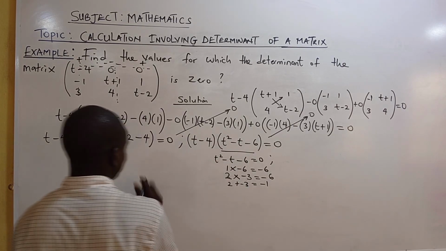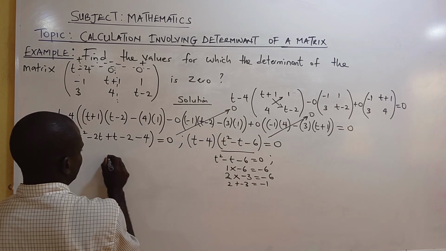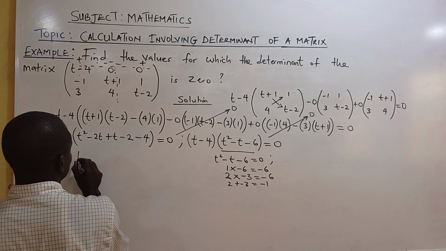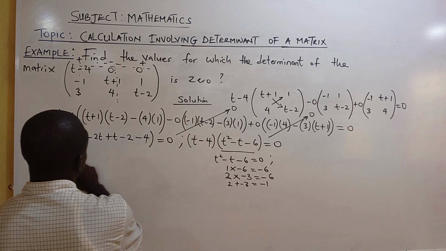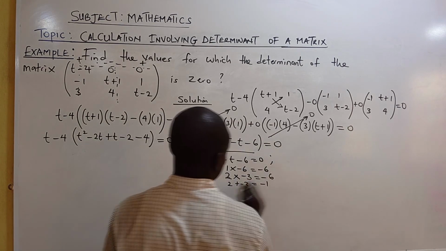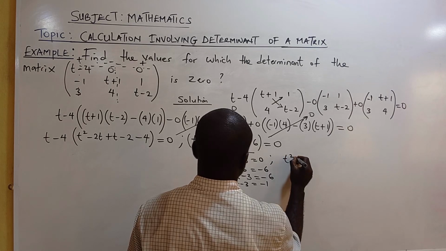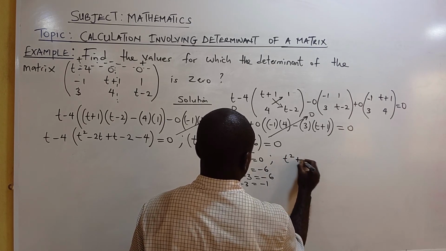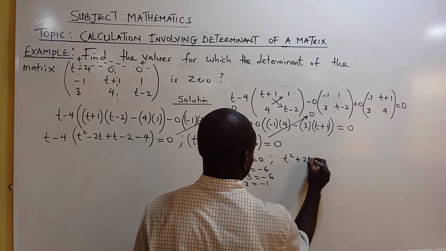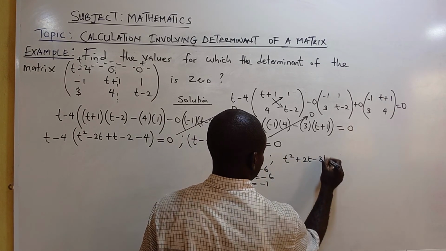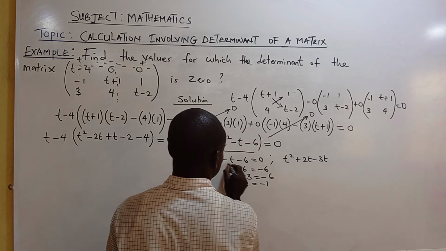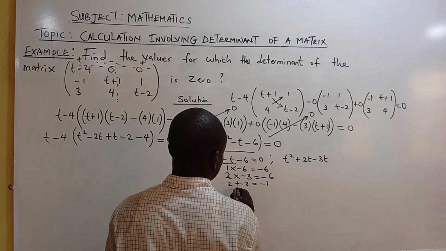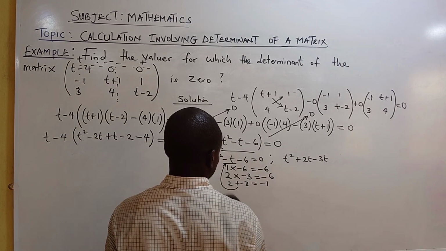Now come here and write t squared plus 2t minus 3t. You are replacing this one with this.